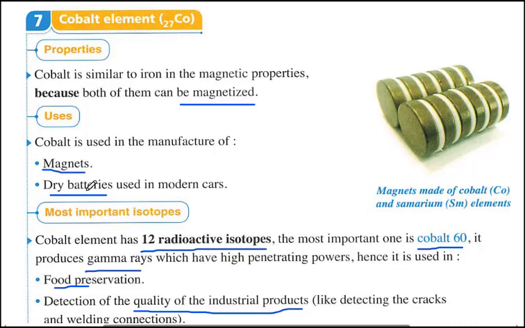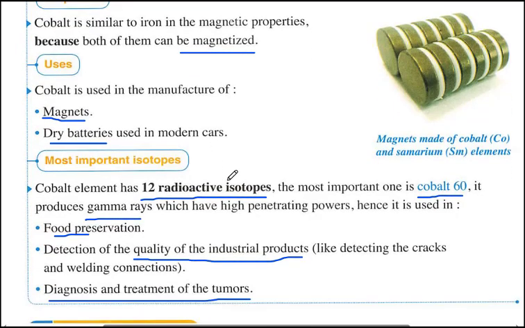It is also used in dry batteries in modern cars, lithium-ion batteries, and it has 12 isotopes. It is one of the main characteristics and properties of cobalt. So if it is said in the question that this element has 12 isotopes, it is cobalt. Cobalt-60 has a very important role as it emits gamma rays.